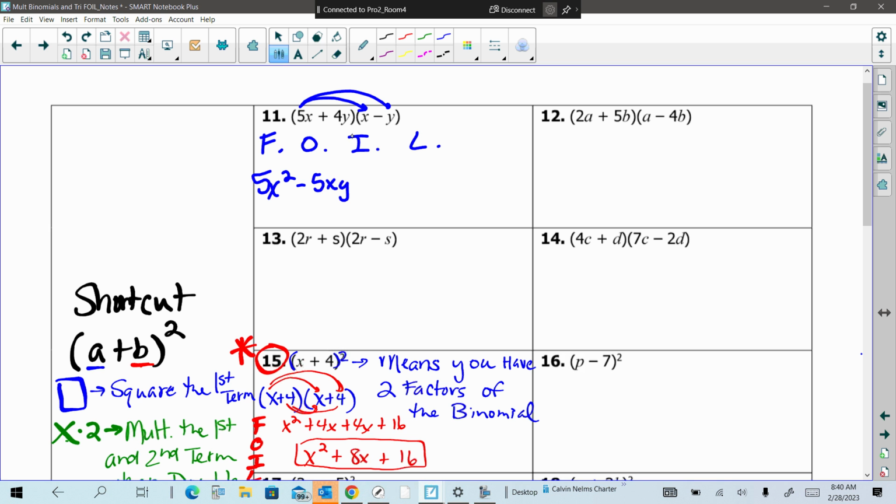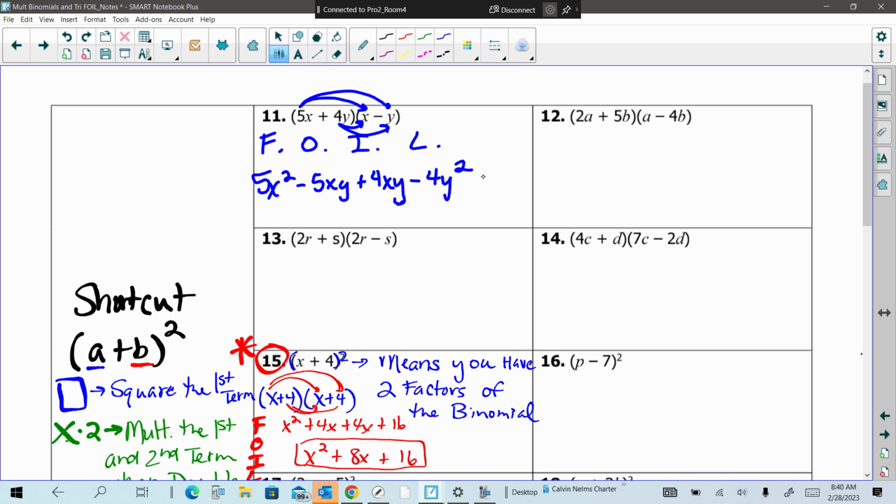The inner would be 4y times x. That's going to give me plus 4xy. I put the x first because you got to put it in alphabetical order when listing your variables. And then we have 4y times this minus y. It's like a minus 1 or negative 1, so this would be negative 4y squared.